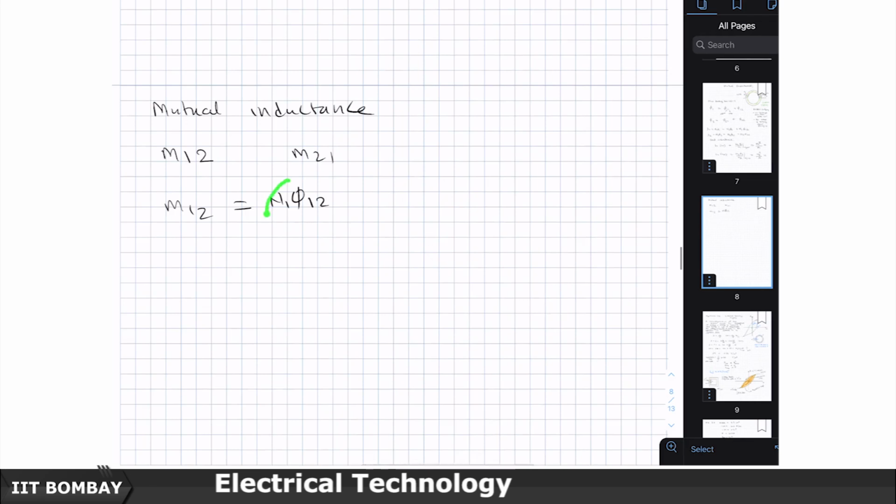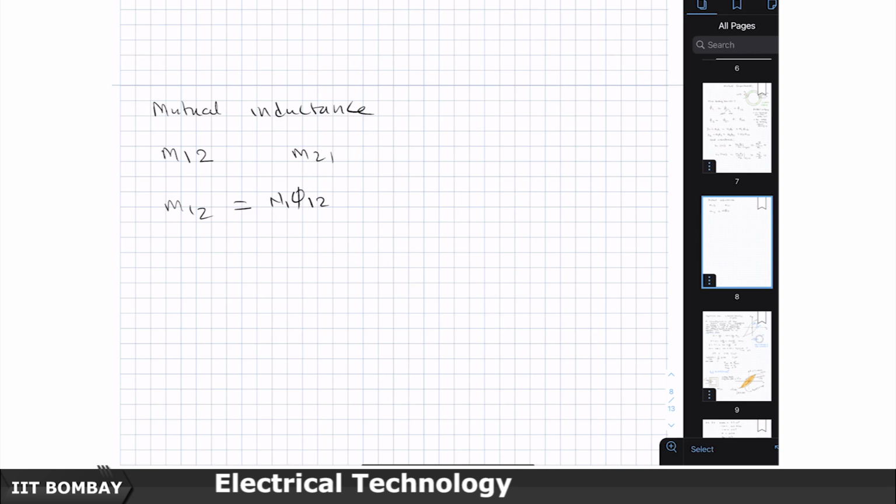That comes from the fact that the induced EMF as per Faraday's law is N times d phi by dt, and if you take that N inside, the EMF gets a multiplication factor of N due to replication of that single coil structure N number of times.